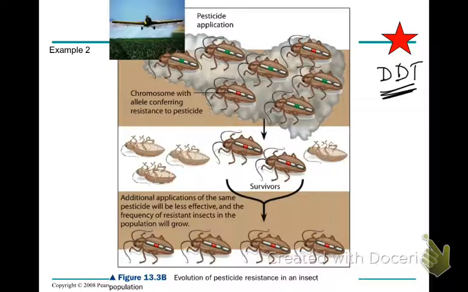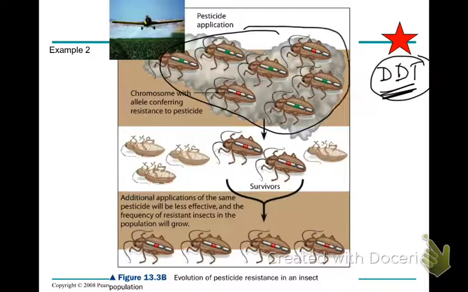Taking the example of DDT, in the entire population, probably only a few of them were resistant. The population had a varied set of these pests, with varied sensitivity, sensitive or resistant.